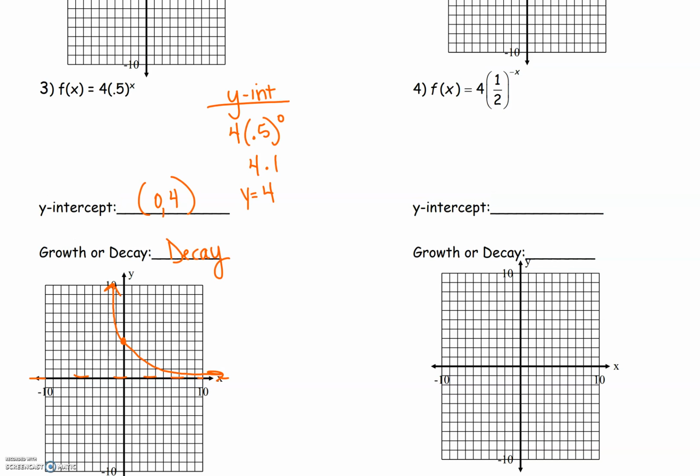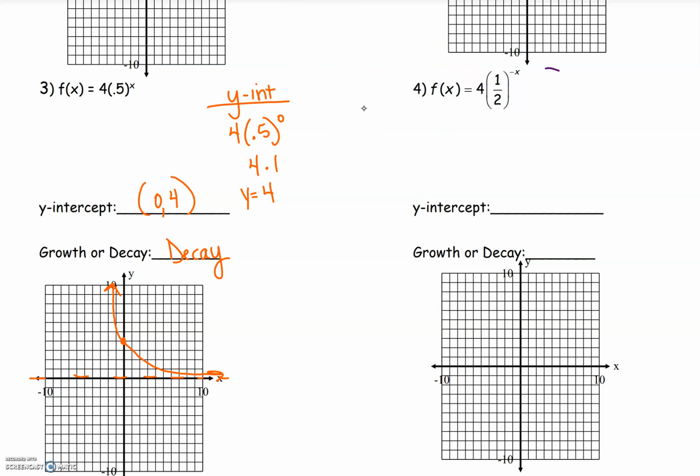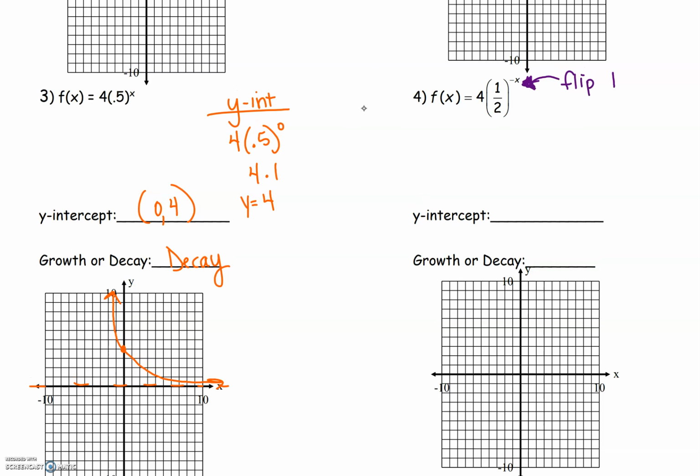All right, double check that you started with an intercept of 4 and it was a decay, so you should be going down as you go to the right. Last one has our little trick in there where it is the negative. We need to flip the multiplier. And that is flipping right here. 1 over 2 becomes 2 over 1.